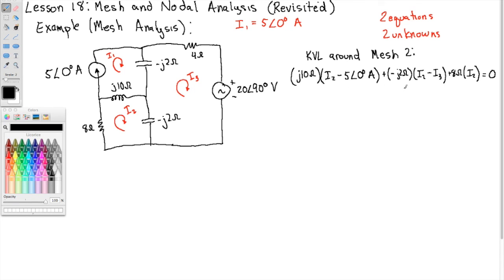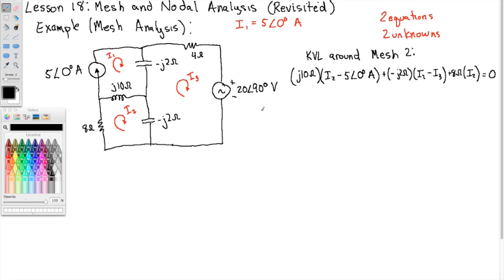Okay, so this looks pretty intimidating, but we're going to solve this in the same way that we did with DC circuits. It's just that the impedances now, the resistances, if you want, are imaginary. Some of them are imaginary anyway. So recall the next thing to do here was to group the I2s and the I3s and the constants together.